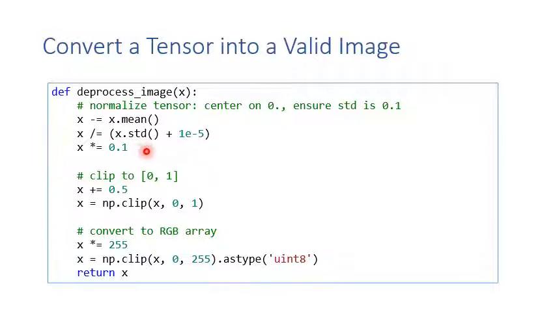Then make sure the standard deviation is 0.1. So the normalized tensor is centered on 0 and the standard deviation is 0.1. Then we clip the values between 0 and 1. Then convert the tensor into an RGB array. Then return the RGB image.